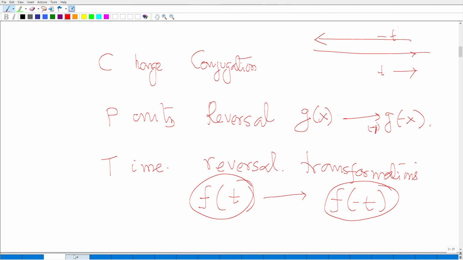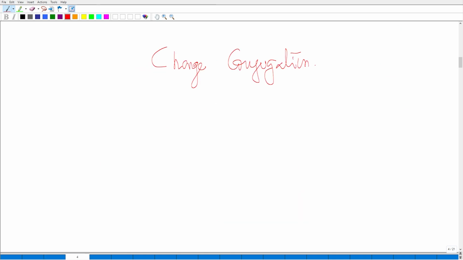So, having talked about these two, next we should talk about the third symmetry, which is called charge conjugation. The last two that we have just discussed form an integral part of something called the Lorentz group, but we won't be talking about that over here. So, we have now come to how to figure out the charge conjugation operation.